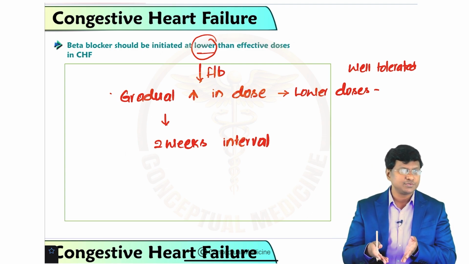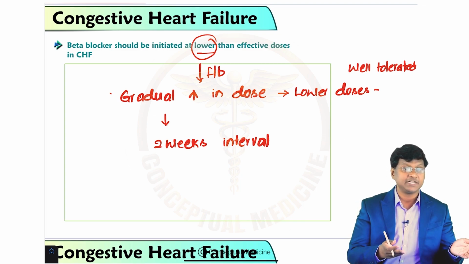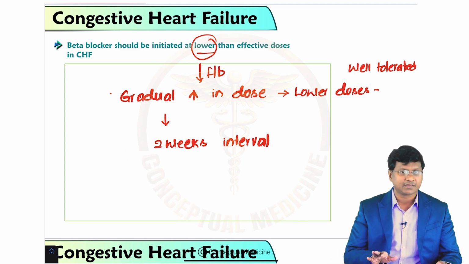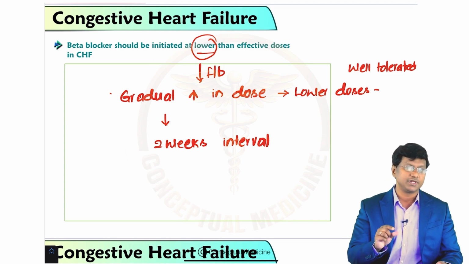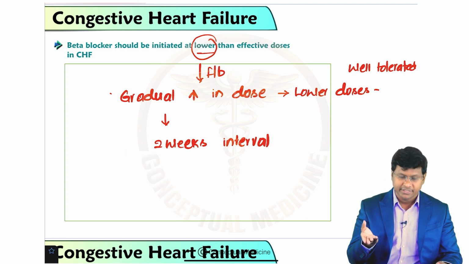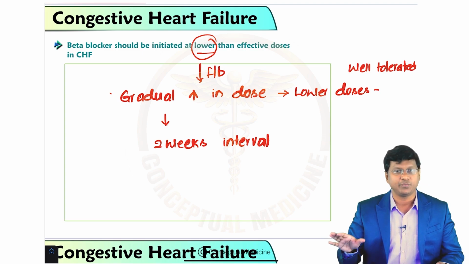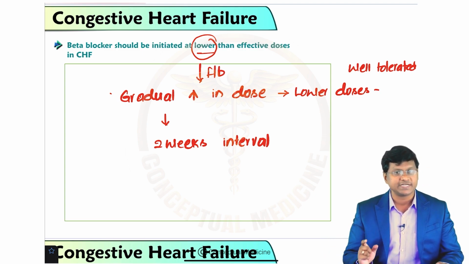Why? Because they will reduce the heart rate and that will increase the LV end diastolic volume and that will increase the fluid overload. So in order to avoid that, you need to start with the low dose. If the individual is tolerating, after 2 weeks interval, you can gradually step up the beta blocker, right?